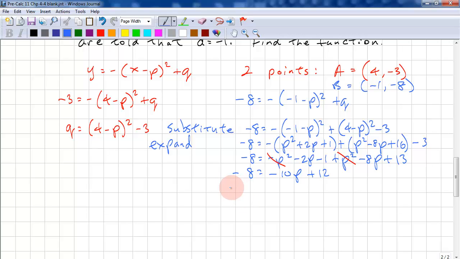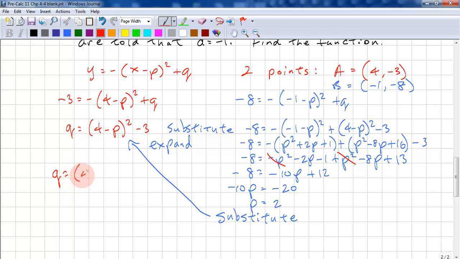So we have negative 10p equals negative 20. So p equals 2. Divide both sides by negative 10. Now we substitute back the other way. So q equals (4 minus 2) squared minus 3.